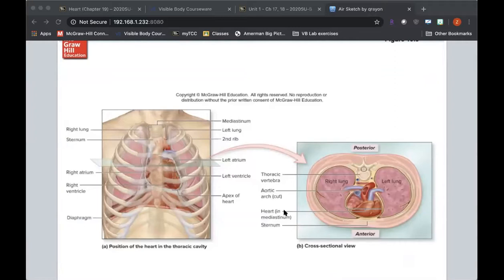As far as the position of the heart goes, the heart is located in an area of your body called the mediastinum. That's this area right here between the lungs, in your thoracic cavity. And the heart is positioned with its apex pointing slightly down and anteriorly.